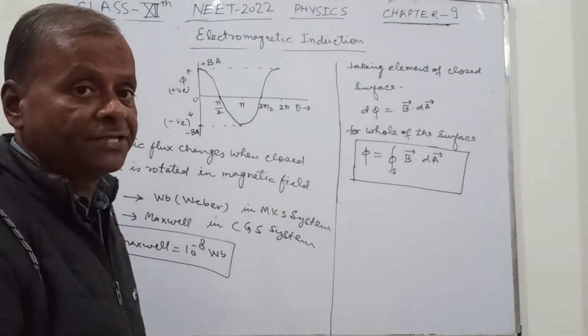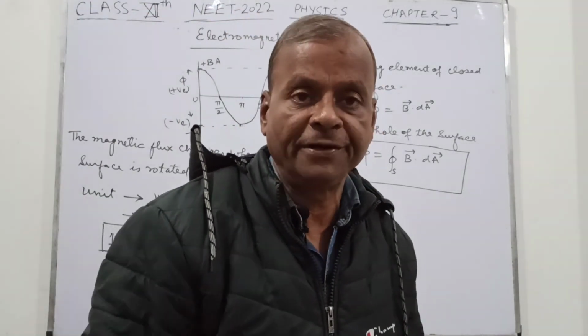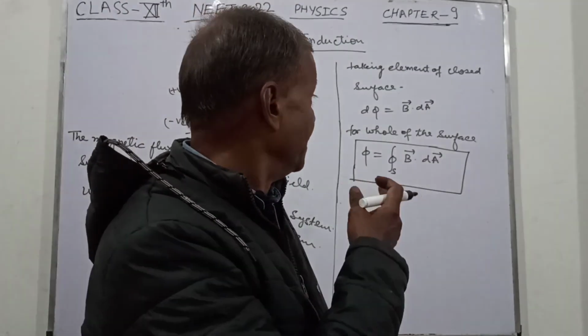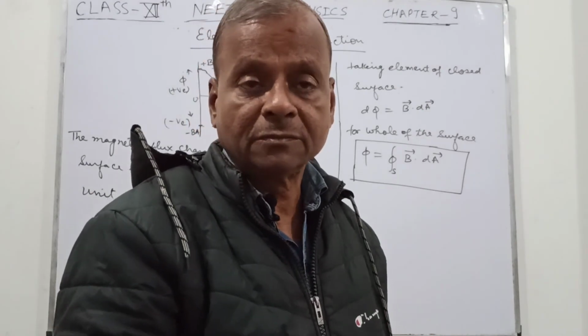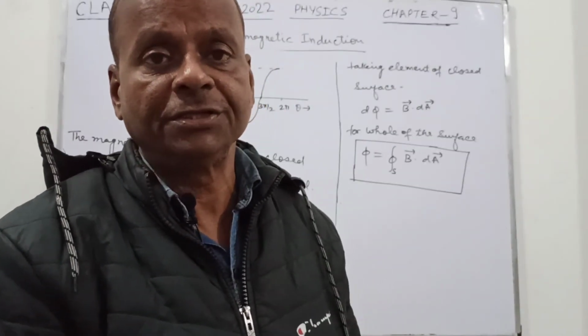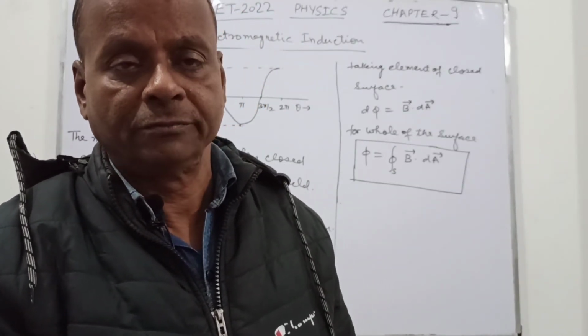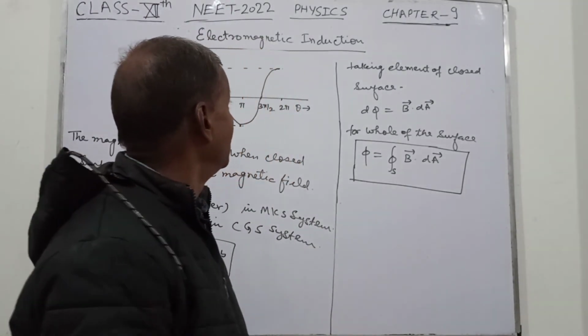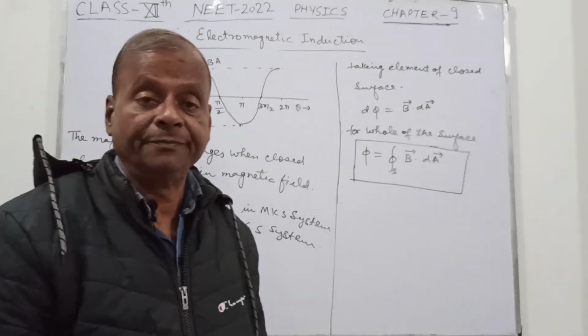So whenever there is a change in the magnetic field, the area, or the angle, the magnetic flux passing through the surface changes. So this is about the magnetic flux.